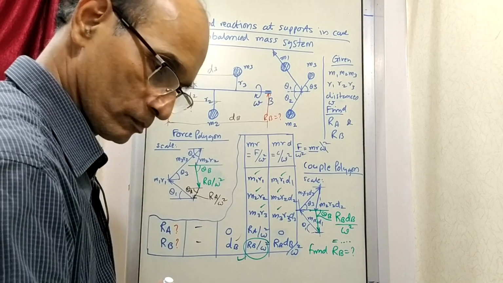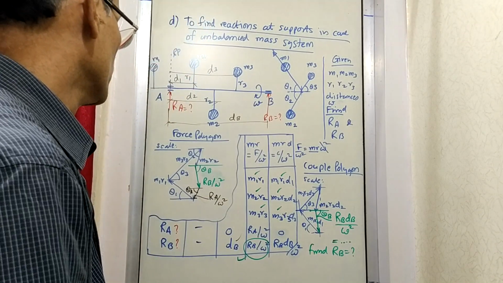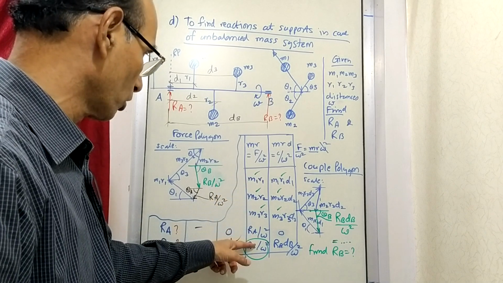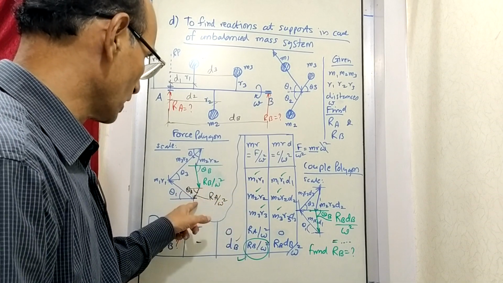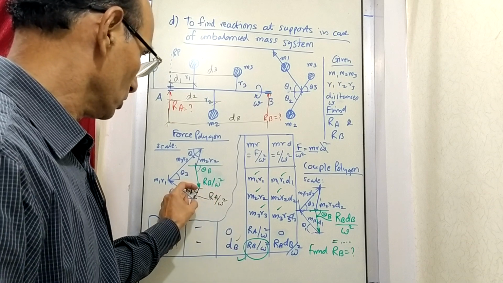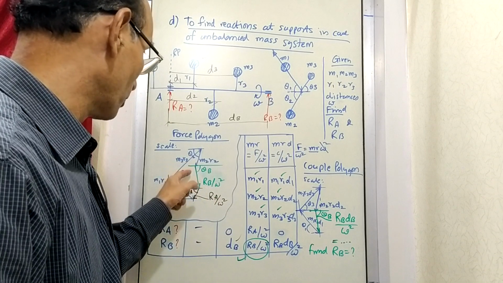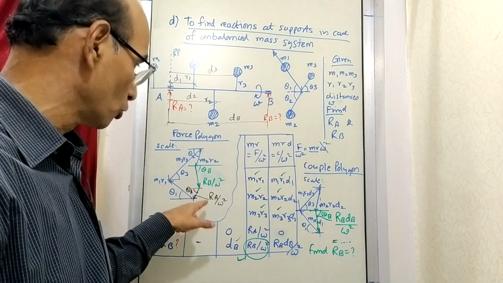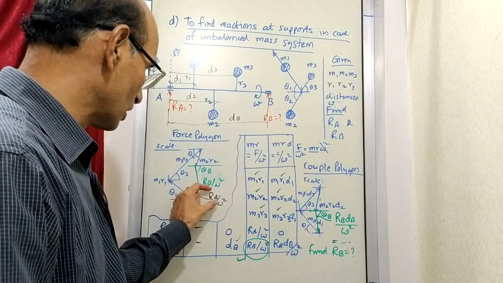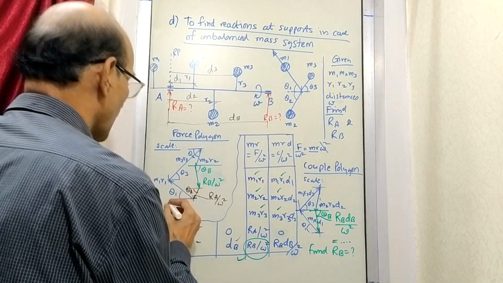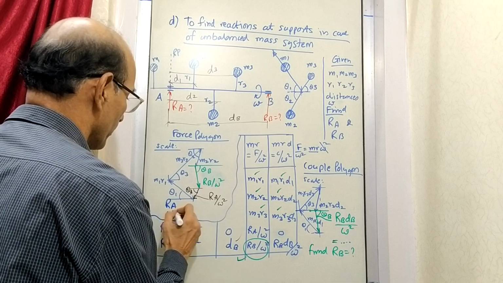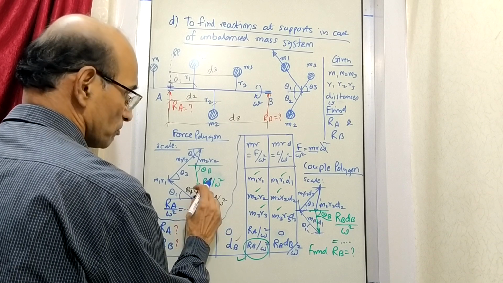So we have drawn four vectors 1, 2, 3 and 4, and the fifth vector was the closing vector, RA, which we don't know. We did not know the size, but the size automatically came while closing the polygon. So once you know this length, you can equate this length with this equation, and then you can say that RA upon omega square is equal to this much.